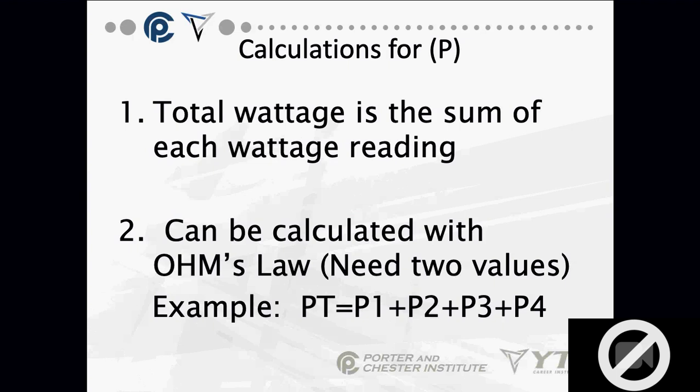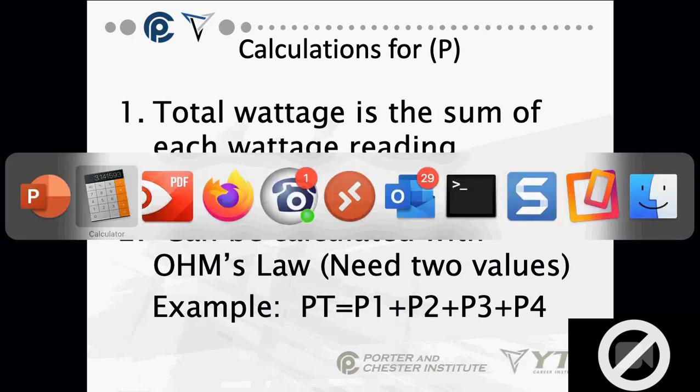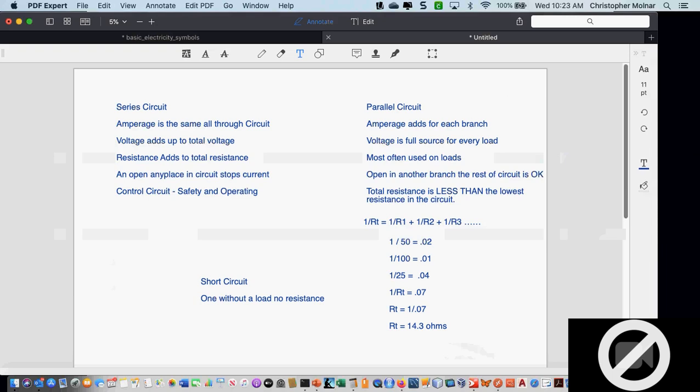So I have a 60-watt bulb, a 100-watt bulb, another 100-watt bulb. My total power is going to be 260. We're going to add it all together. Power adds.